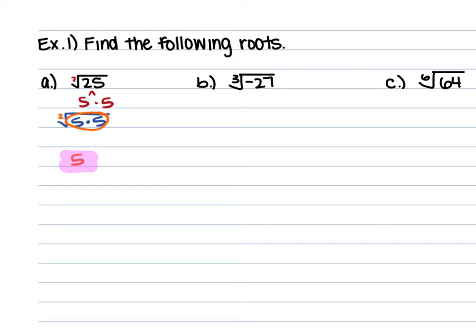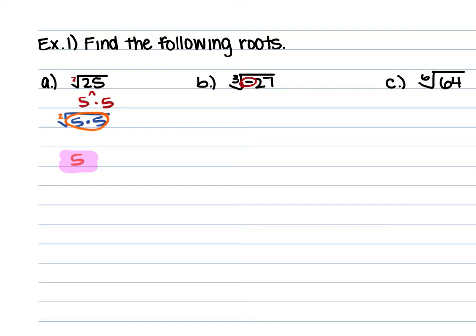If it was an even index, like the square root, the fourth root, the sixth root, the eighth root, and so on, then you would not be able to do it and it would automatically be no solution. But because our index is odd, we can continue and find the cube root of negative 27. Because our index is odd and we have a negative underneath that radical, our answer is going to be negative.